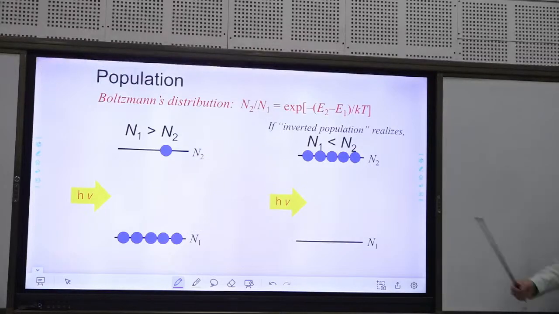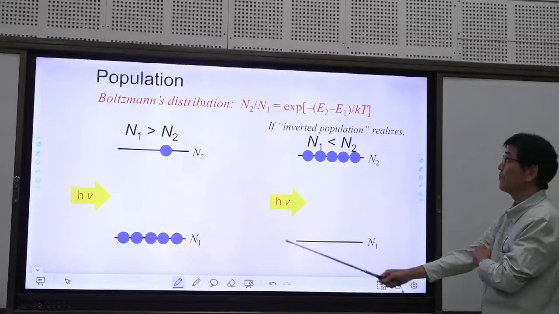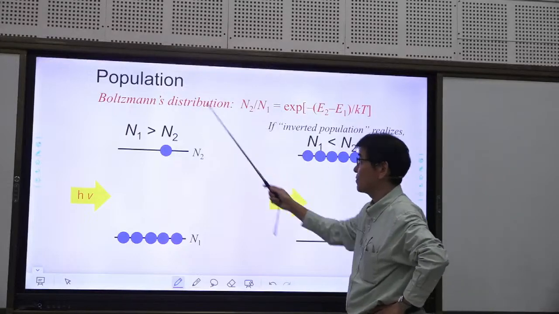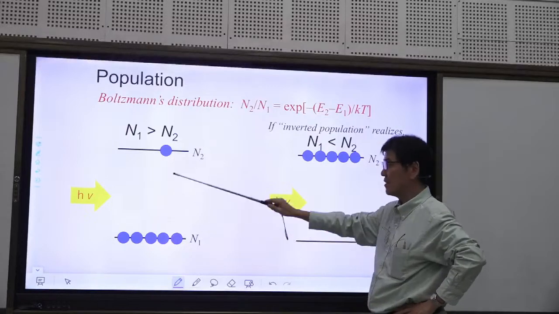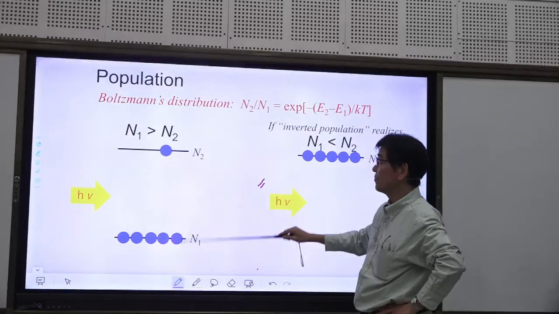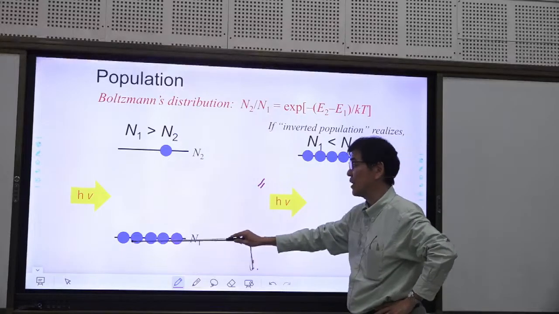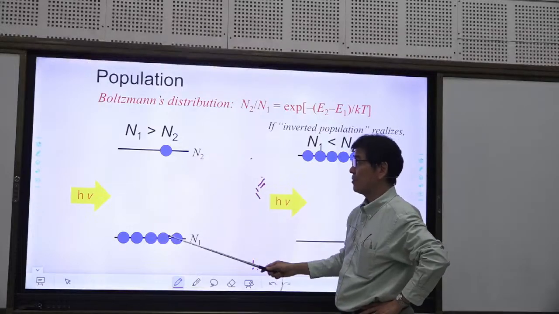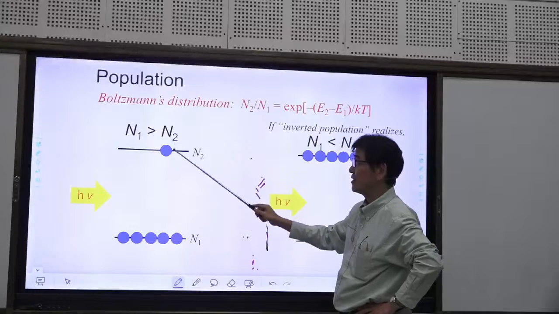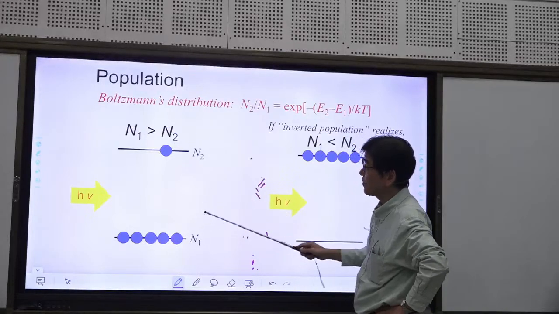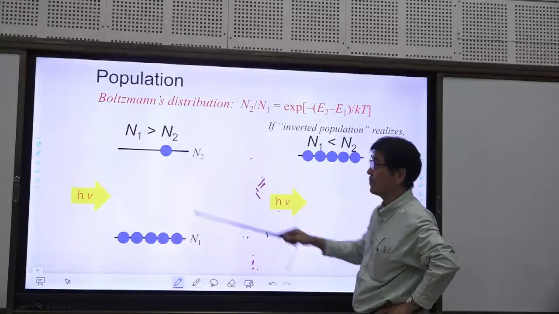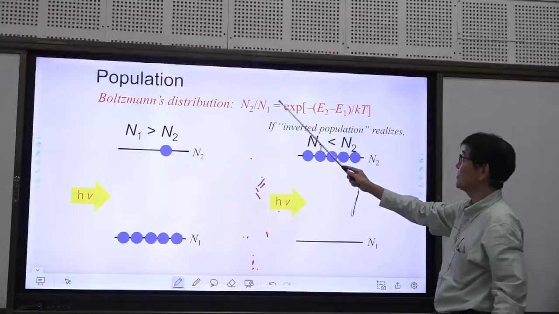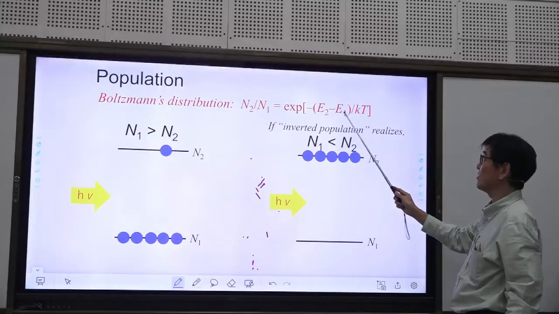So how can we generate a laser line? To consider that point, let's start from the Boltzmann distribution. Here there are two energy levels, and the populations are N1 and N2. At any temperature, N1 is always larger than N2, as long as N2 is energetically higher. And the population ratio is a function of the energy difference over kT.